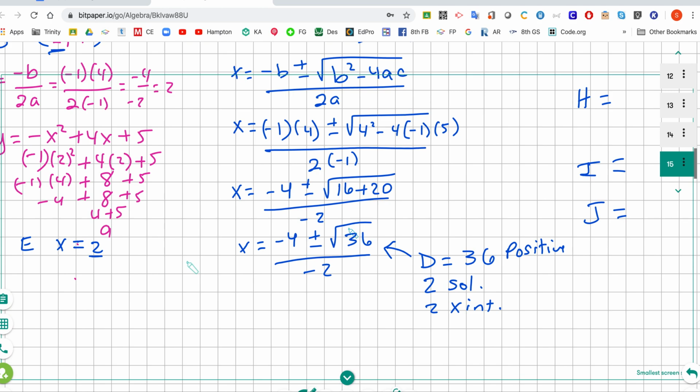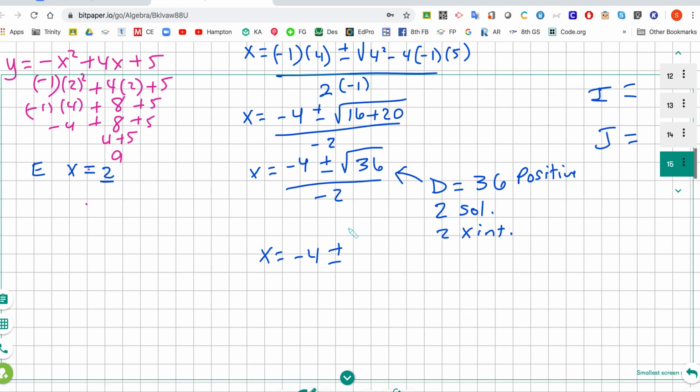We need to finish solving to find out what those x-intercepts are. So we're going to have x is equal to -4 plus or minus. The square root of 36 is 6.